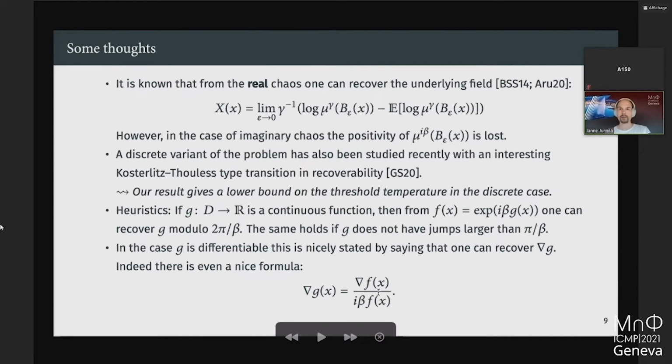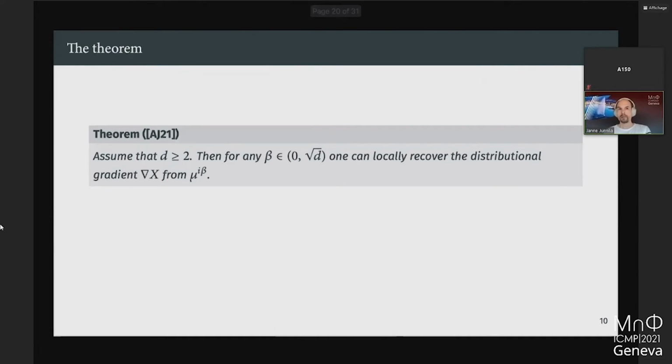It's just the gradient of f divided by i beta f. So you have a nice formula, and then you can start playing around with this, and maybe this will give you the proof. That's eventually what happens, but there are a lot of details that you have to take care of.